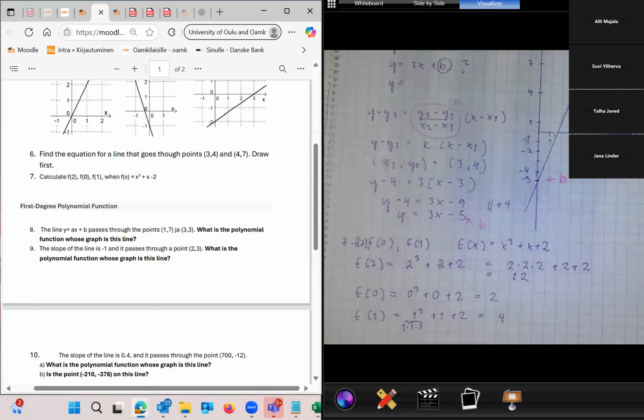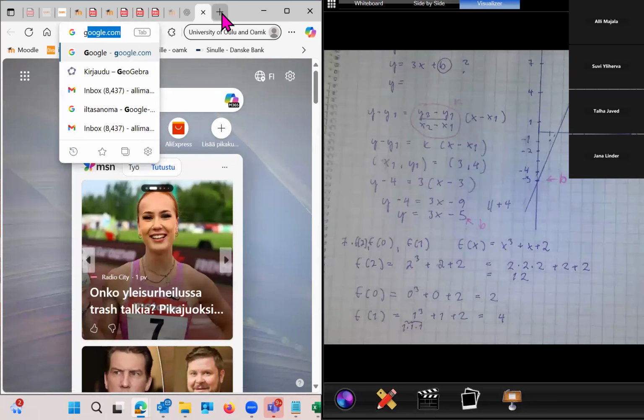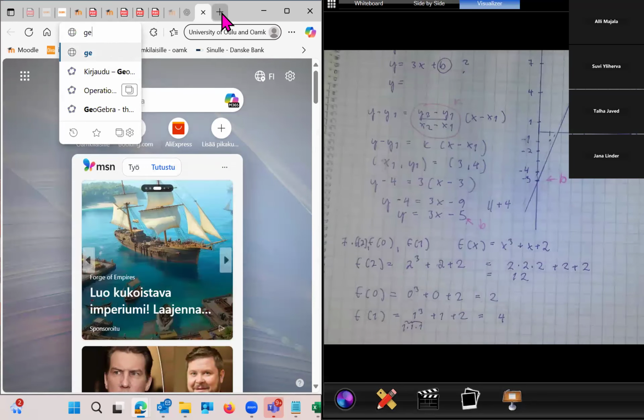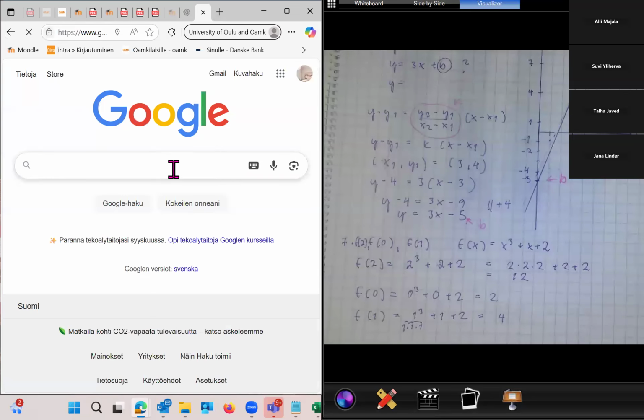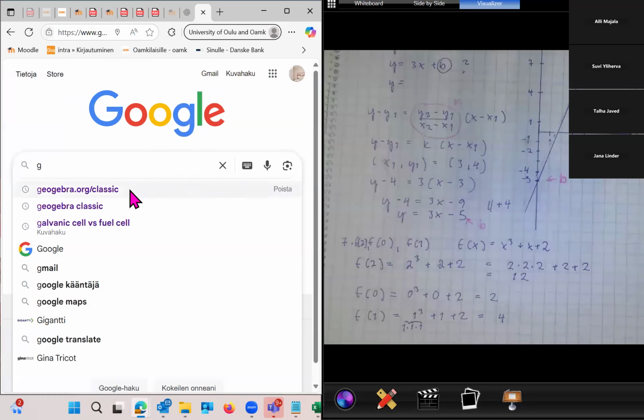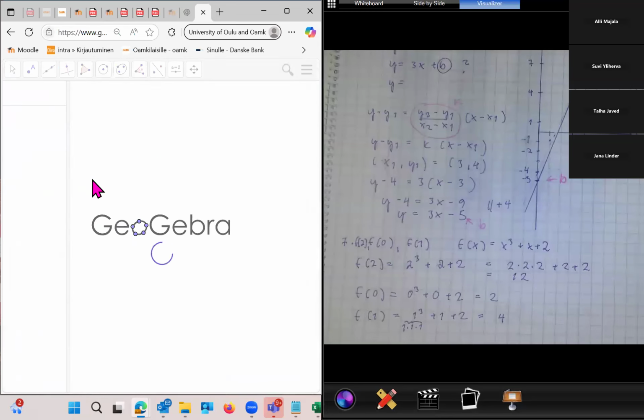And then what is this? This is not a linear function, so we should check what it is quickly. Maybe I have to do it like this. This was the tool that you can always use.